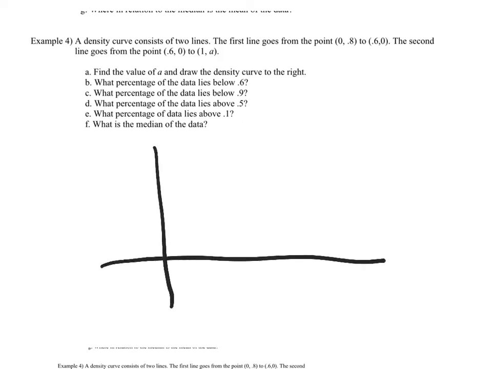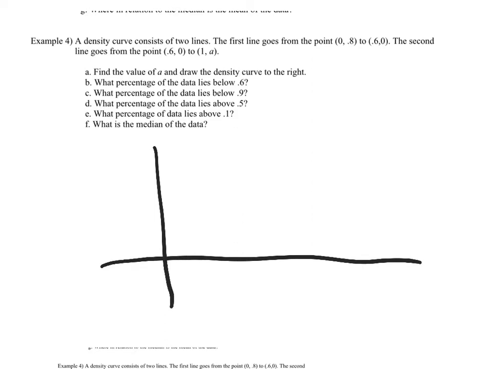All right, so let's set this one up here. I'm going to draw the picture one time and then just copy it. A density curve consists of two lines. The first line goes through point (0, 0.8) and it goes through point (0.6, 0). That sounds like a pretty easy line to draw.